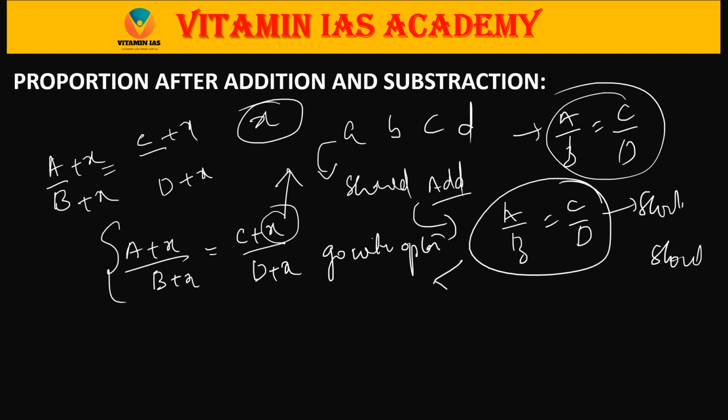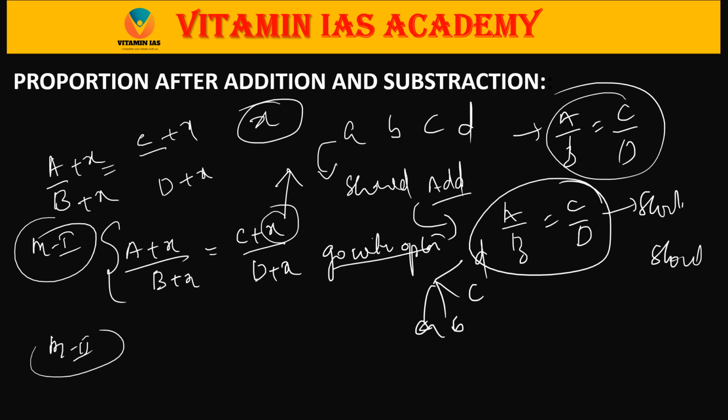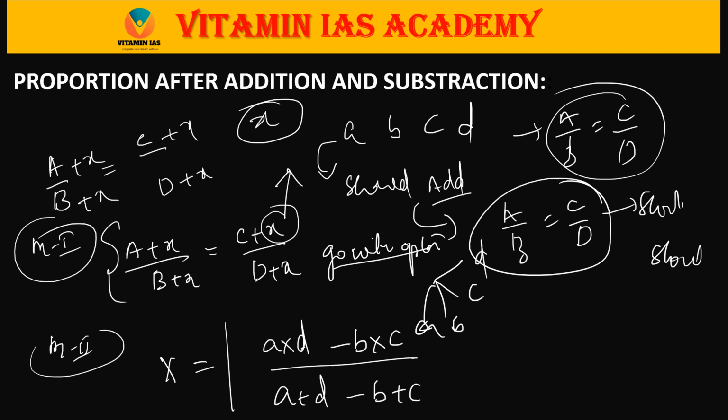In these 4 options, substitute every option A, B, C, D, then you will get the answer. Or else there is a formula. This is method 1, go with the options. Method 2 is a direct formula for finding X: X is equal to modulus of (A into D minus B into C) by (A plus D minus B plus C).